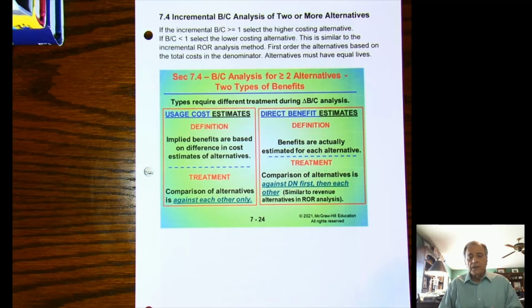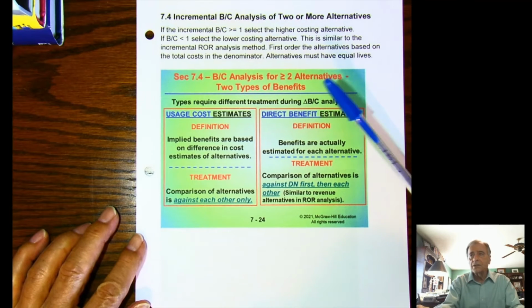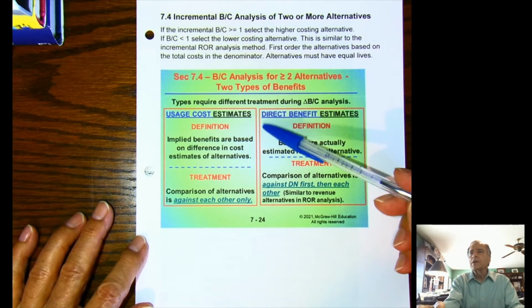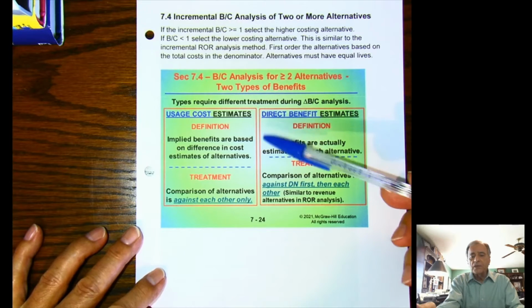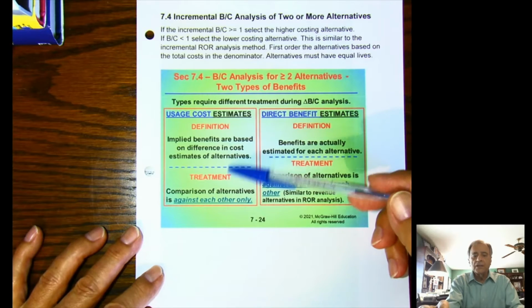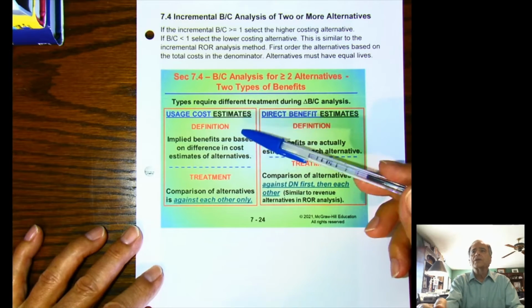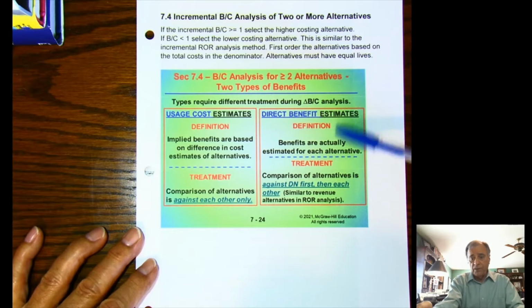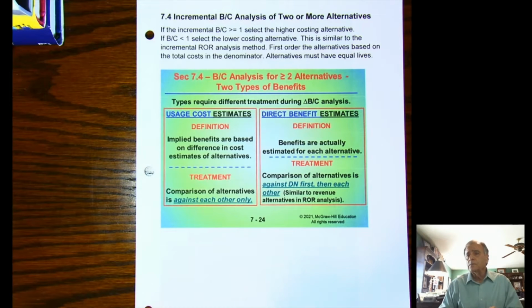So the author describes in this slide two possible cases, and one is where your benefit is really not a direct benefit, but a usage cost. It's a difference in the usage cost between the two alternatives. And the other case is where you have a direct benefit. Remember, when we did rate of return, we had the situation where there was no revenue or only a salvage value. In that case, we didn't consider the do-nothing alternative.